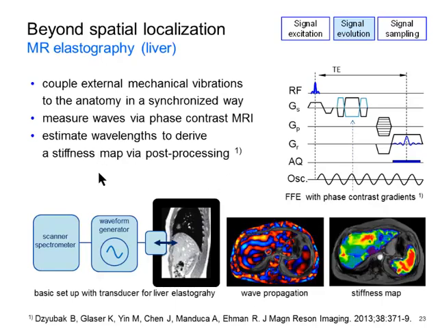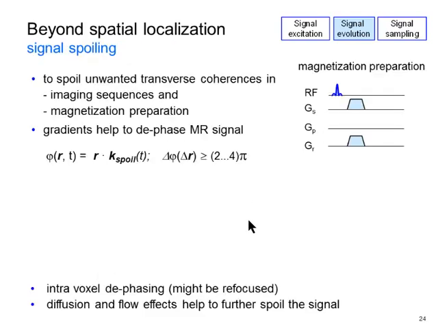And based on the wavelengths, we are able to estimate stiffness, which is an interesting parameter to characterize fibrosis. So all what we are doing right here is adding, on top of the spatial resolution, additional information that can be encoded with the help of gradients.